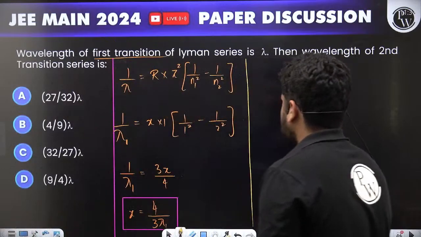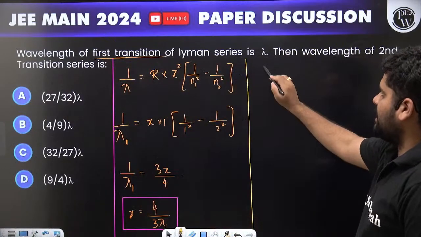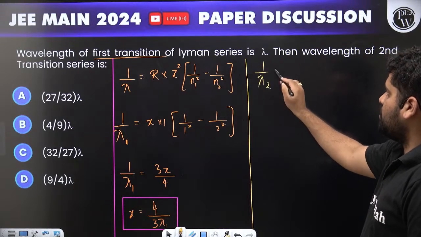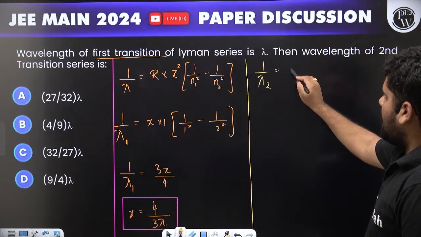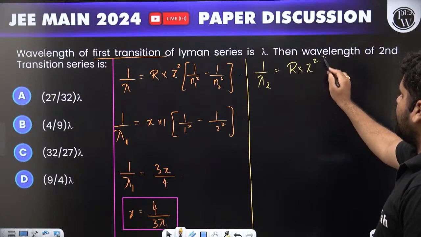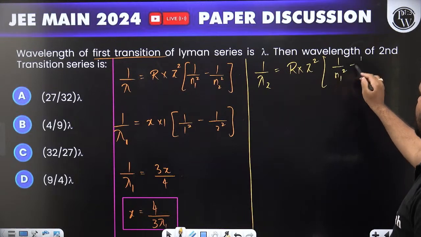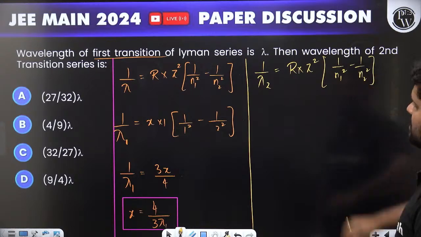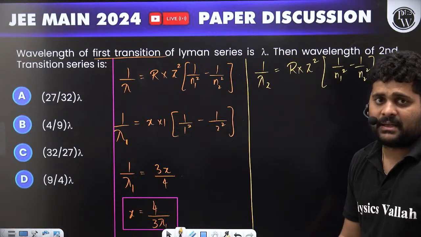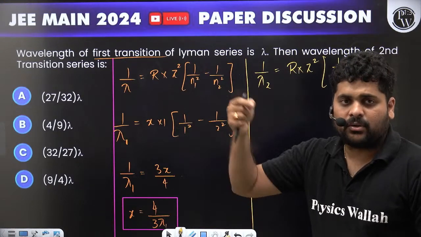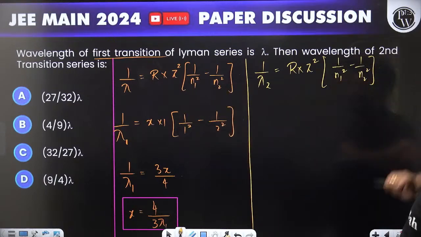Now the question is with respect to the second transition. Again, 1 by lambda 2 is equal to R into Z squared into 1 by n1 squared minus 1 by n2 squared. It is going to the second transition, that means it will move from first orbit to third orbit. So the value of n2 is going to be 3.